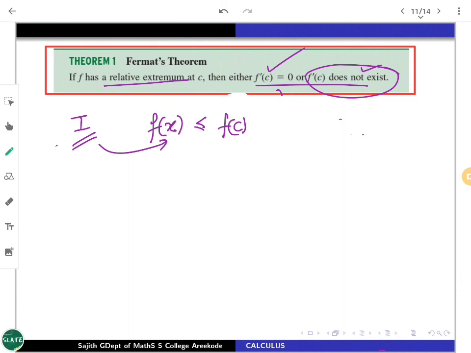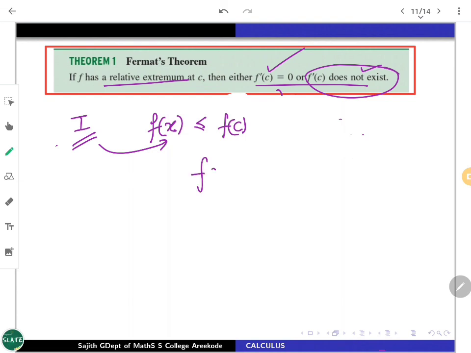So just go to whatever limit you want to look at for the derivative. But that derivative, whenever it exists, the right limit as well as the left limit we can consider. Look at f of c.